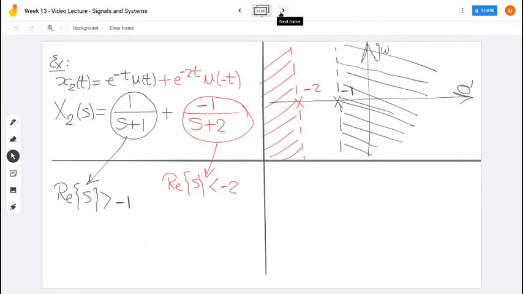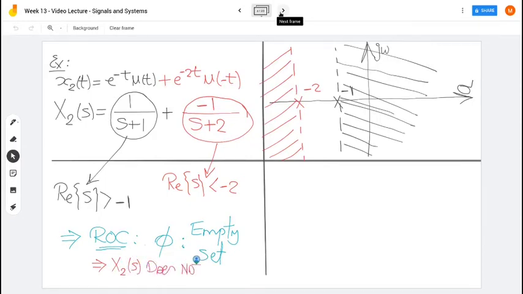So, as you can see over here, there is no intersection between the two ROCs. There is no part in the s domain that would satisfy both conditions at the same time. That's why we say that the region of convergence of x2 of s is phi, which is the empty set. And therefore we can say that x2 of s, the Laplace transform of x2 of t, does not exist.